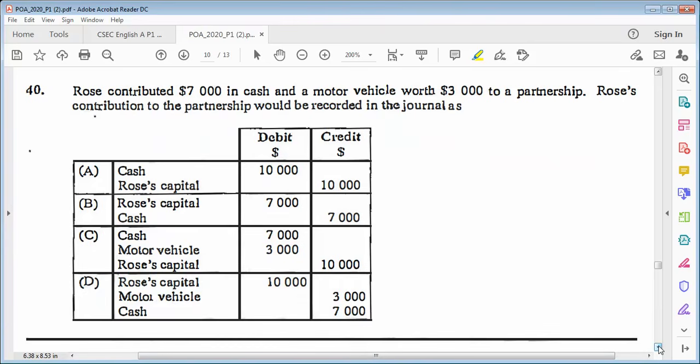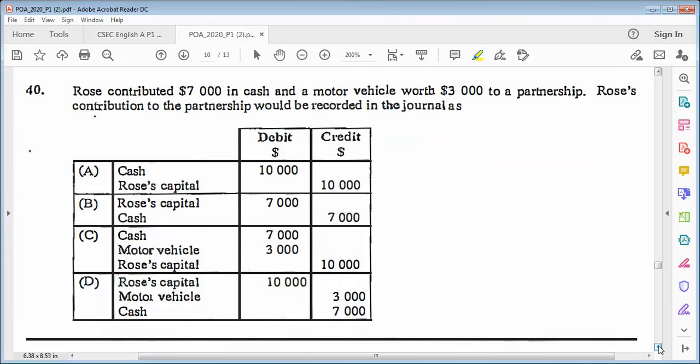A, cash debit $10,000, Rose's capital credit $10,000. B, Rose's capital debit $7,000 and credit cash $7,000.